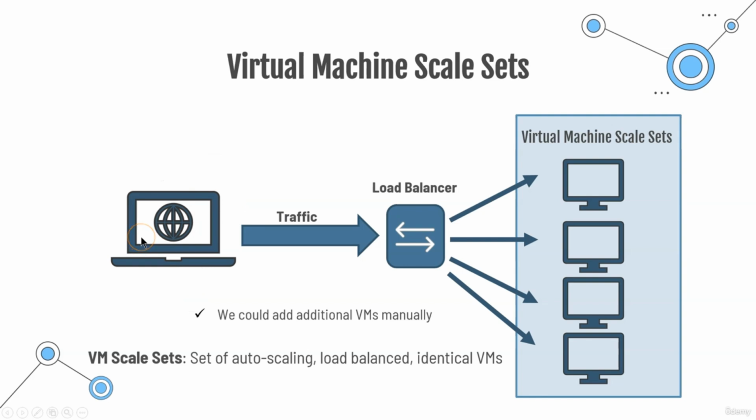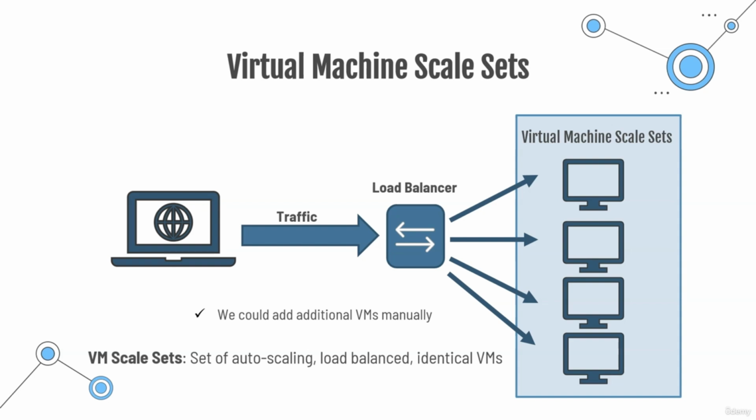So this makes them very dynamic, and they also have a very high availability guaranteed by Azure of 99.99%. So we can use these scale sets to automatically react to the demand by starting and shutting down additional identical virtual machines.